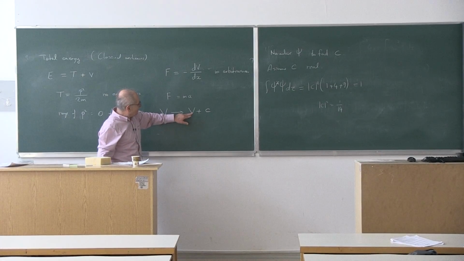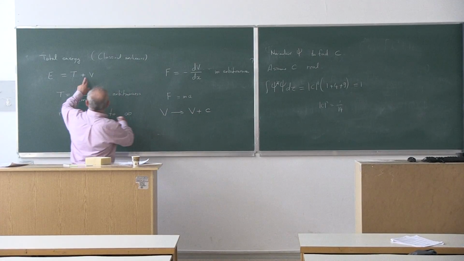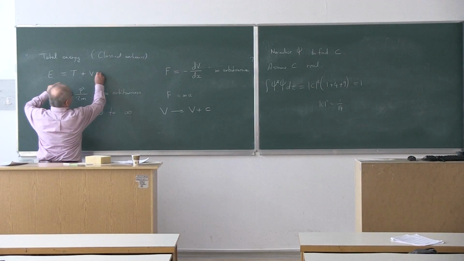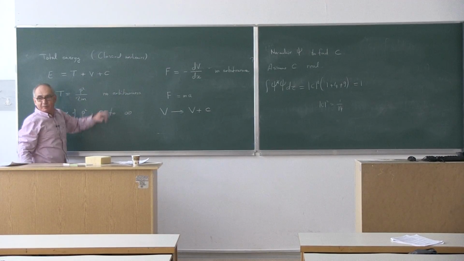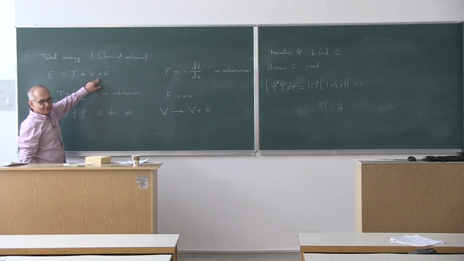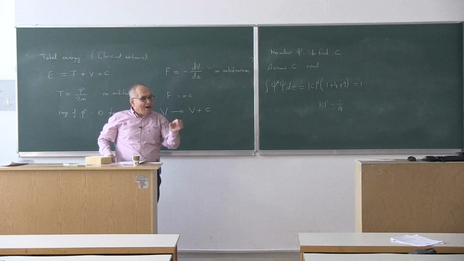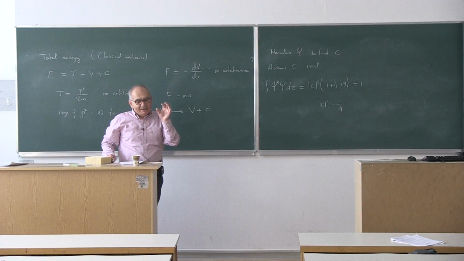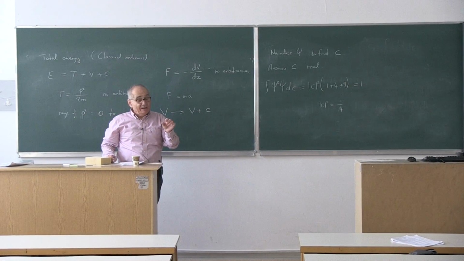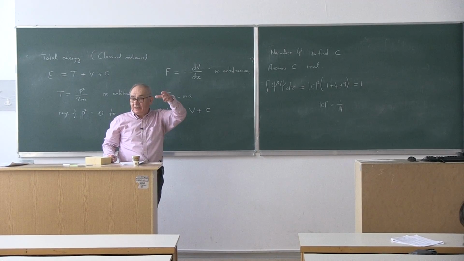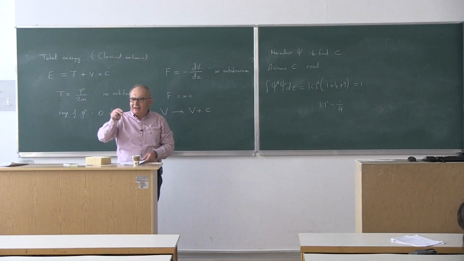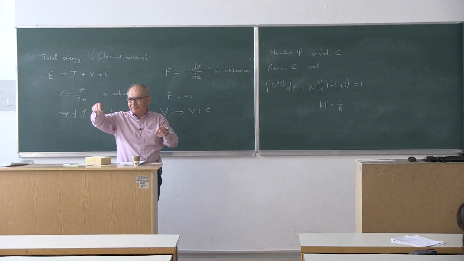Now, because of the arbitrariness in potential energy, there is an arbitrariness in the total energy, because that C also appears here because of the potential energy part. So the important point is that there is no such thing as an absolute value of total energy. We cannot measure it. It is very different from absolute temperature, for example.